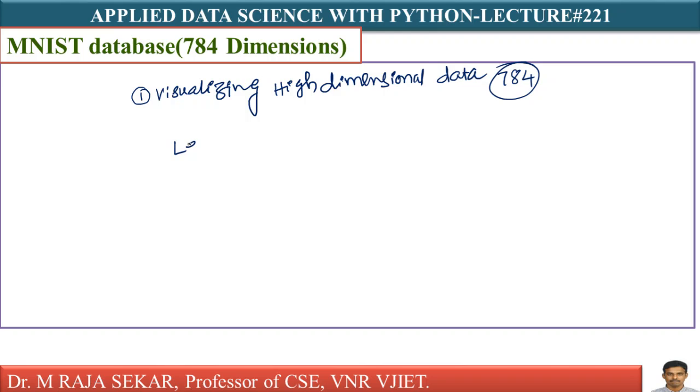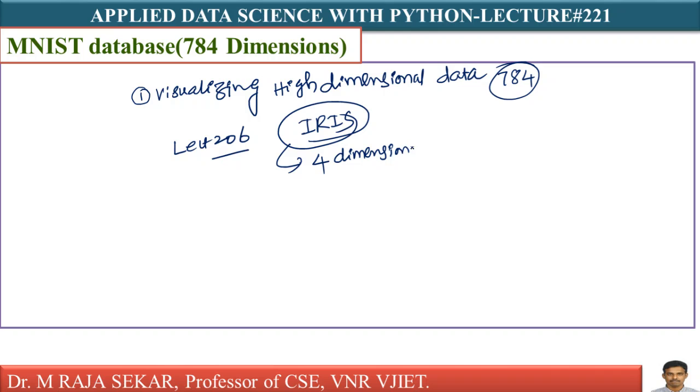In lecture number 206, I discussed a data set known as the IRIS dataset. This data set is basically a 4-dimensional data set. Just try to recall the dimensions of this particular data set: sepal length, sepal width, petal length, petal width, isn't it? It has 3 labels, 3 flowers.